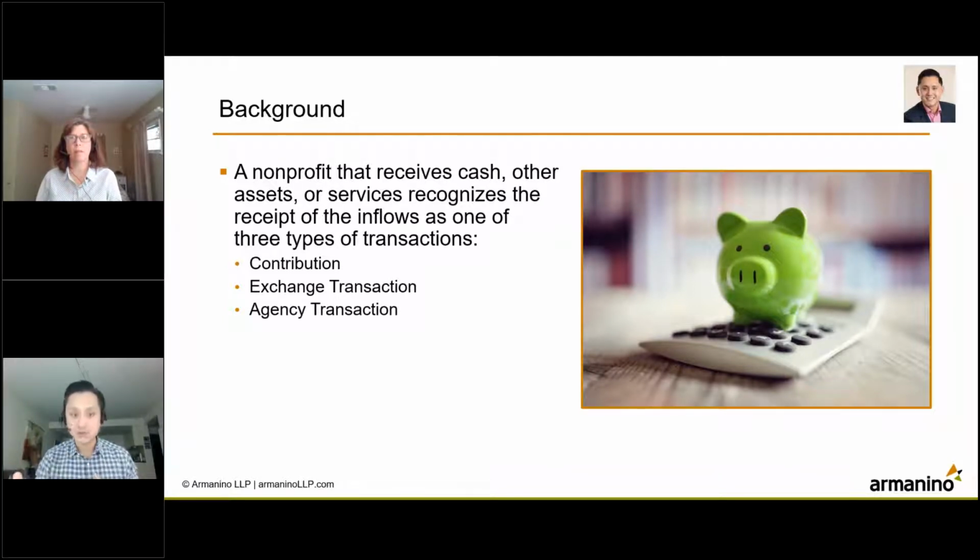Or it's an exchange transaction, that's a two-way reciprocal exchange of value. Or it's an agency transaction. That's where the receiving entity is really just acting as an agent or trustee of those funds. They don't really have variance power. They're receiving it and passing it right back through. It's a balance sheet only transaction. So it's important to first properly categorize a transaction so you know which accounting standard to follow. That's going to dictate the treatment of that transaction.